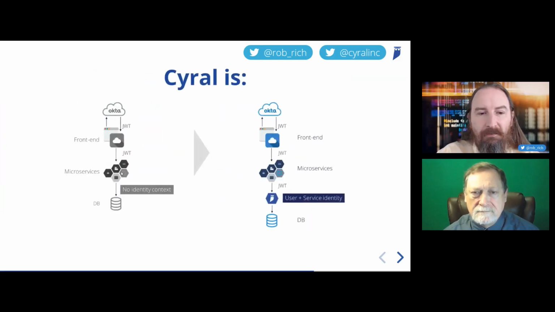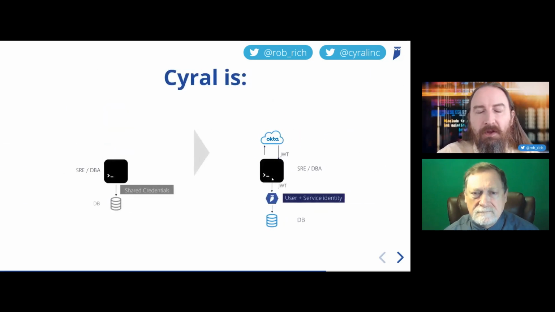Now, let's add Cyral. We can take that JWT and use it to authenticate to our Cyral sidecar, and we no longer need a service account embedded into our application. Similarly, with a terminal, we no longer need that shared service account to log into our data store. We can log in with IDP and our username, and that will get access to our data.